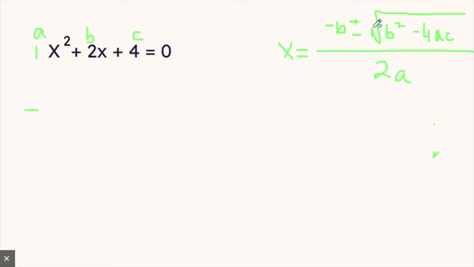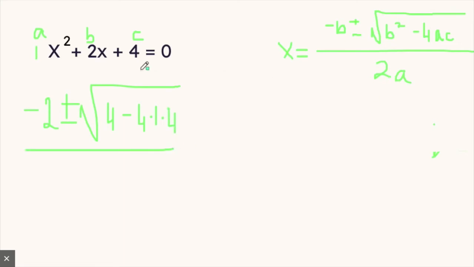So, negative b is negative 2, plus minus the square root of b squared, which is 2 squared, which is 4, minus 4 times a, which is 1, times c, which is 4, divided by 2a. 2 times 1 is going to give us 2. 4 times 1 is 4. 4 times 4 is 16.